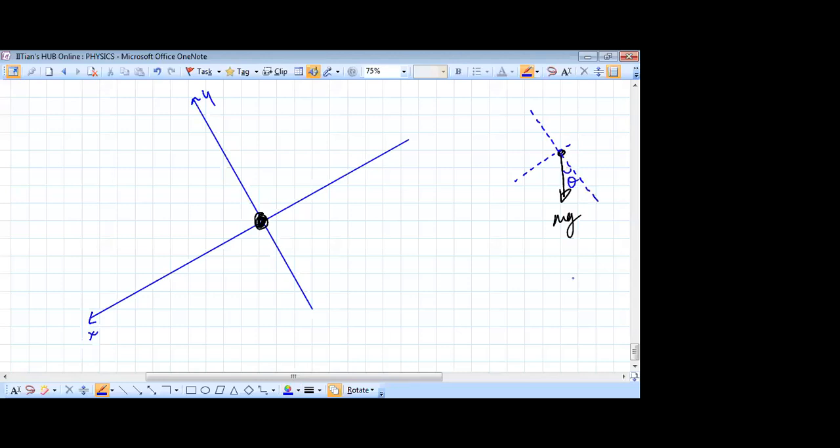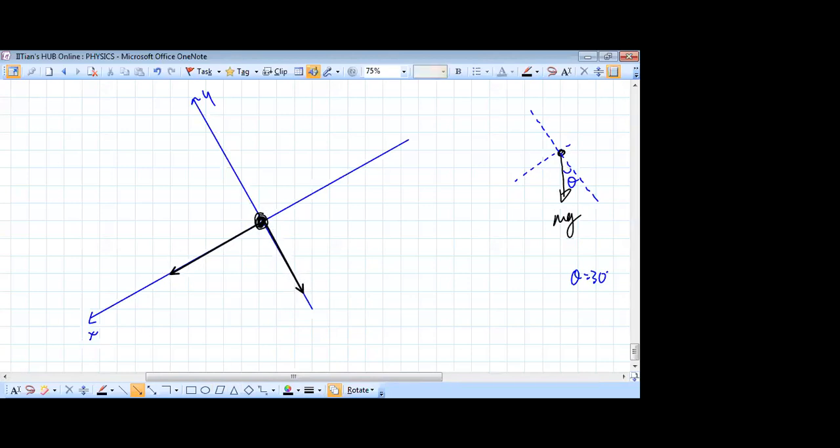This angle was theta, where theta in this case was 30 degrees. So when I resolve mg in my new diagram, how should the components of mg look? Now you can see that mg will have one component along the negative x direction, and one component along the negative y direction.